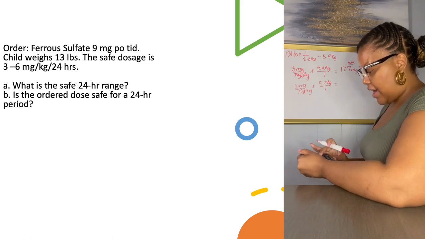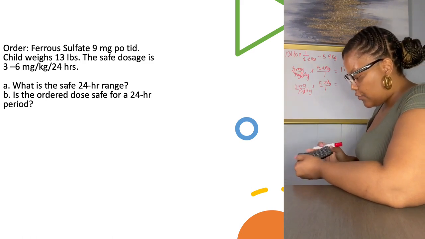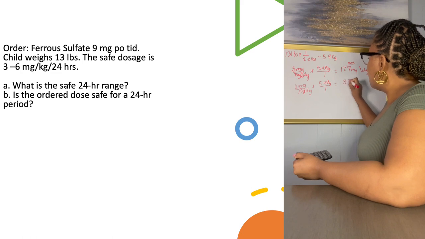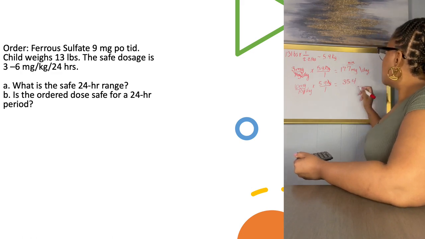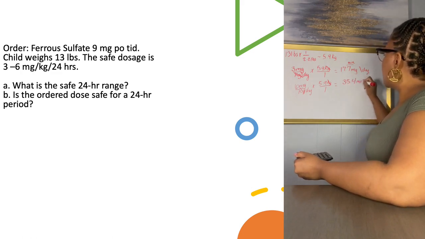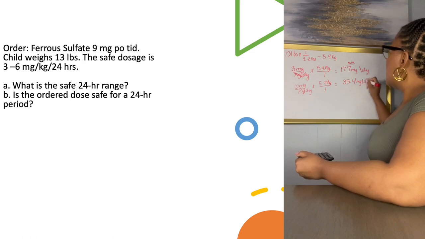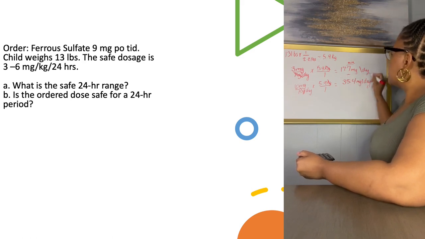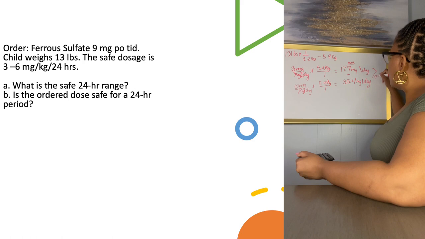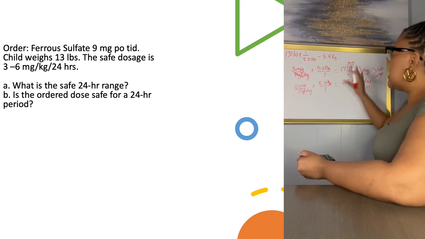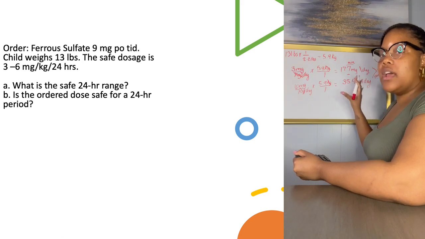So 6 times 5.9 will give you 35.4. So this is milligrams a day. So this right here is our range. This is what we call our range, and this is our safe range. So any number between here is safe for the patient.